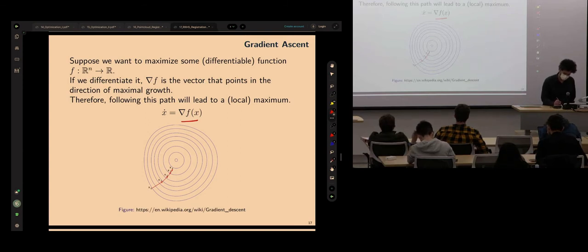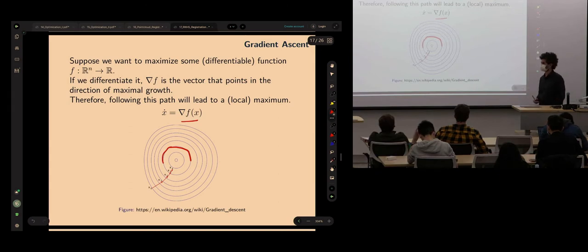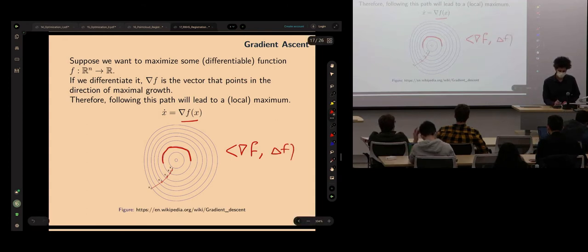And we talked about it, because these contours of the function, these level sets, are constant, the function does not change, the dot product of the gradient with any delta movement along that curve will be 0.